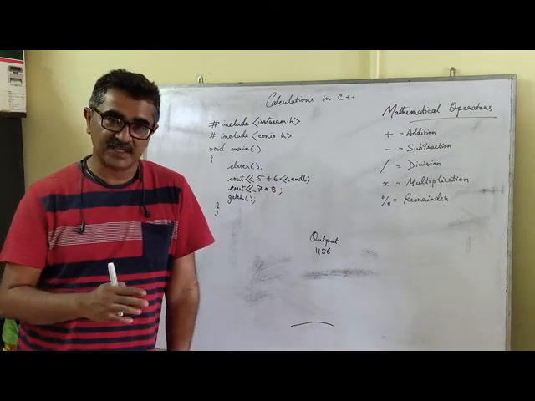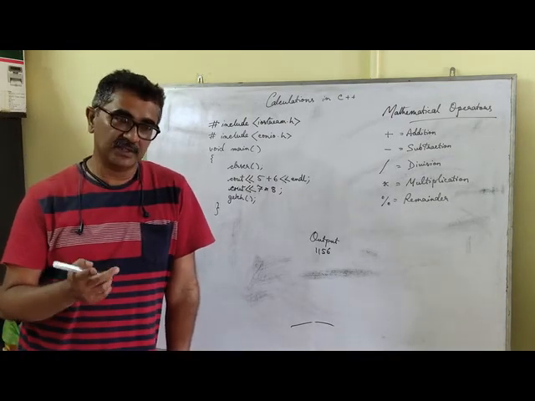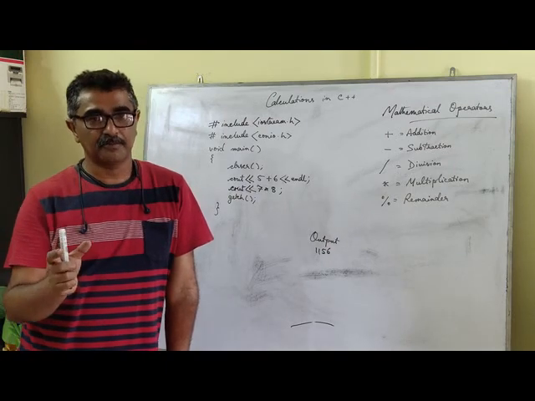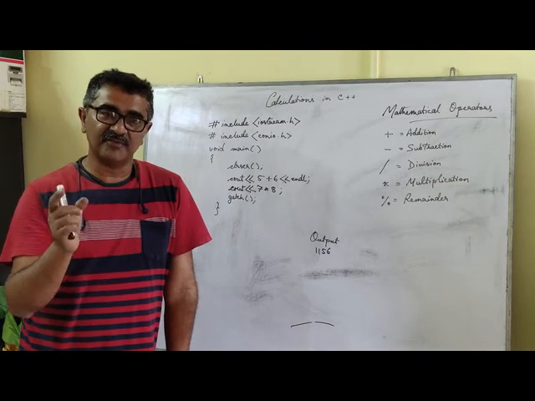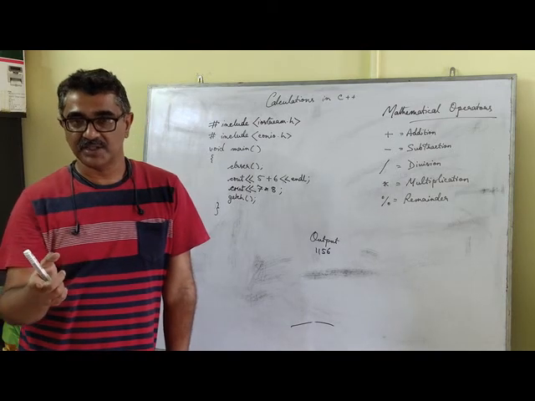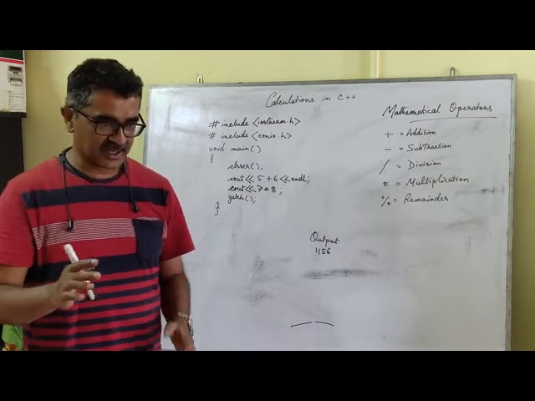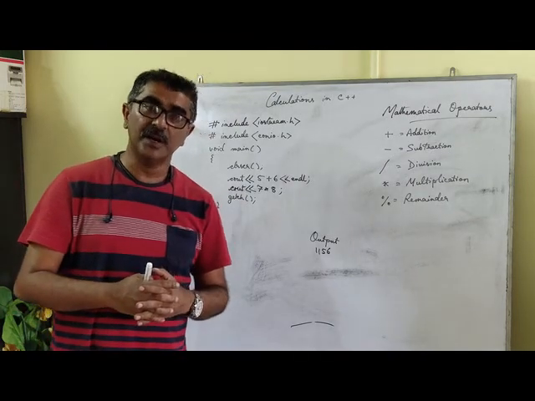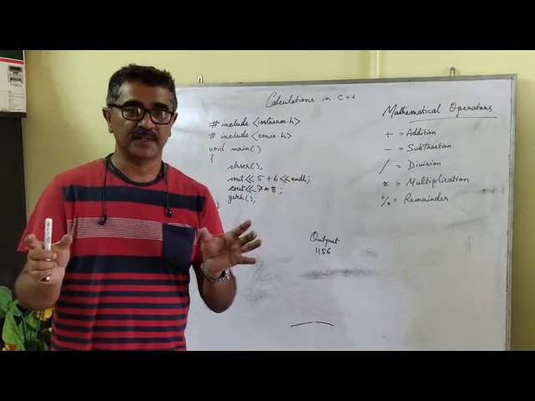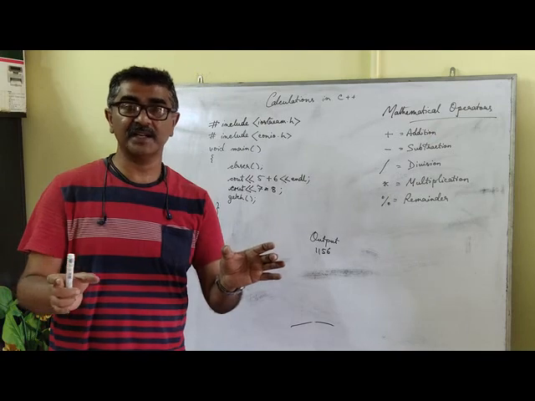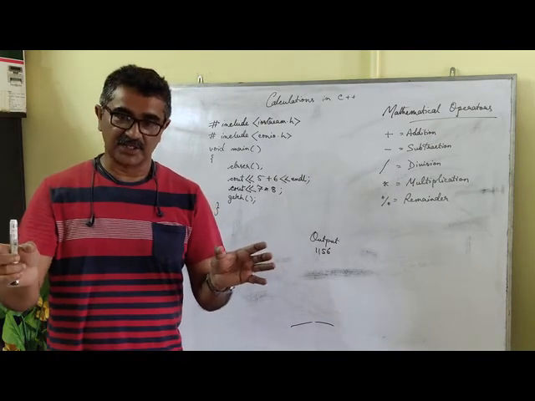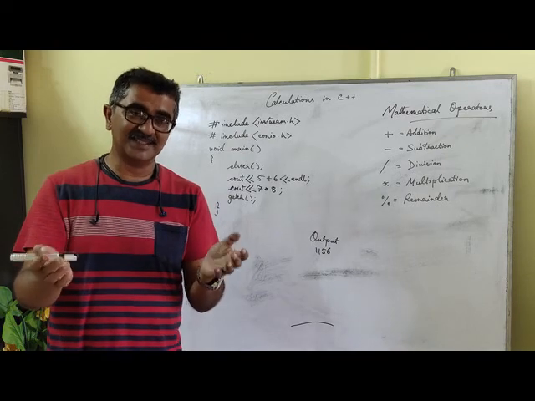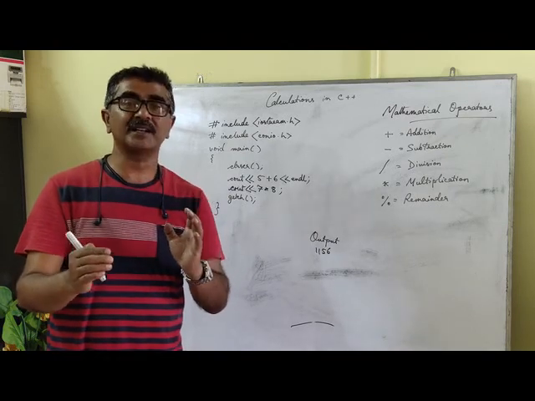You learned that we can display textual content, and here you are learning that we can perform mathematical calculations. So here we will try to merge these two, that is, print the textual content as well as perform mathematical calculations together. What will be the result? The result is you will have a nicely formatted output.